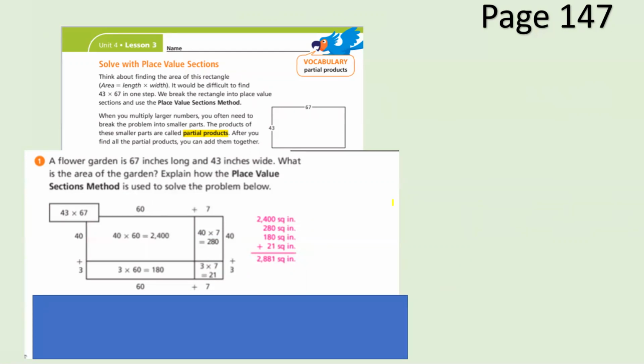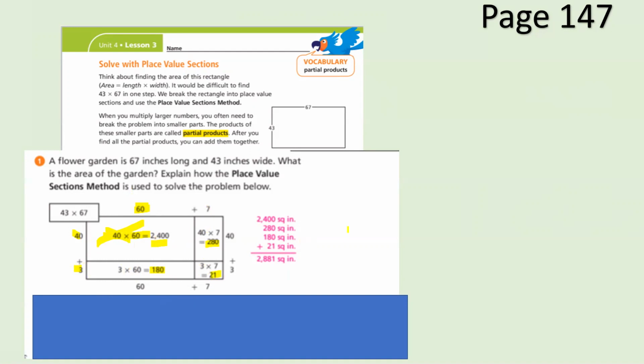Okay. And if you're writing this in your book, I'm cool if you do not put any of this. As long as you, in this box, you put 2,400, that tells me you knew it was 60 times 40, and then here it would be 3 by 60, so just put in your 180. Here would be 7 times 40, so just put your 280, and here's 7 times 3, so put your 21.